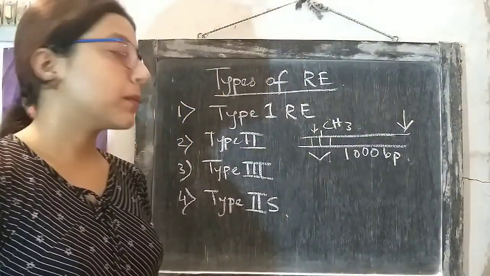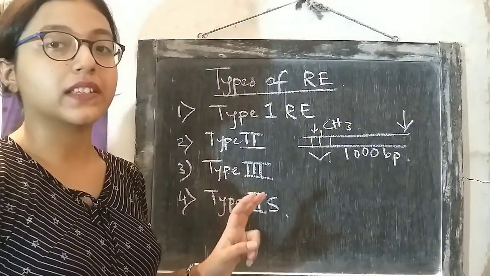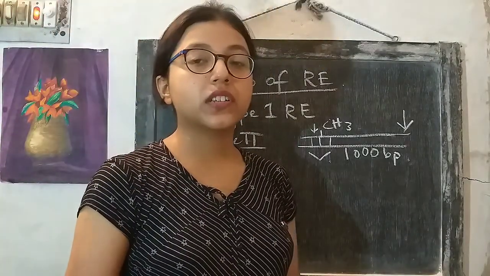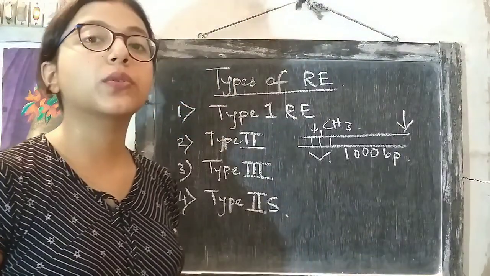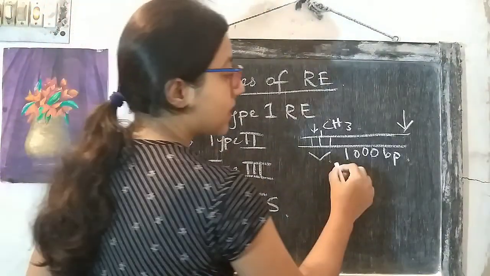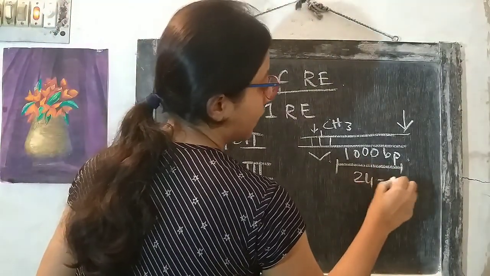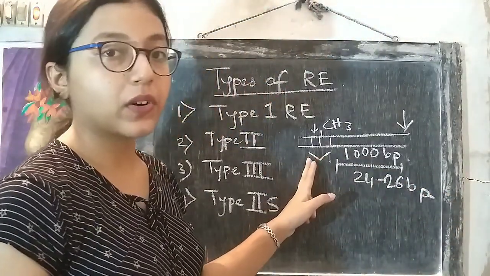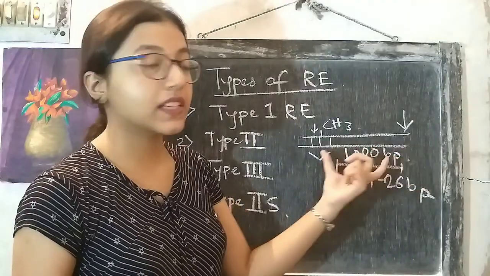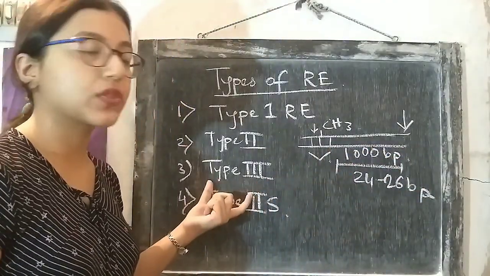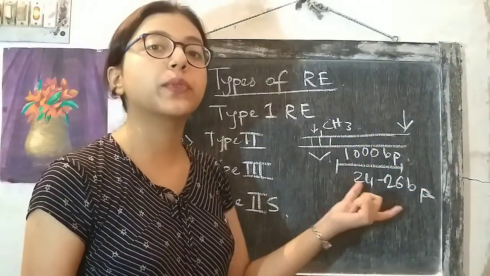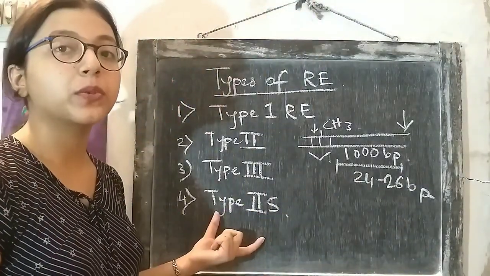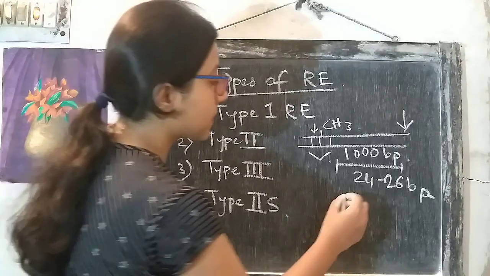And a similar problem occurs with type 3 and type 2S, because in type 3, the distance between site of recognition and site of cleavage is 24 to 26 base pairs. So this distance, between site of recognition and site of cleavage, in case of type 3 restriction endonuclease is 24 to 26 base pairs, and this distance in case of type 2S is 20 base pairs.